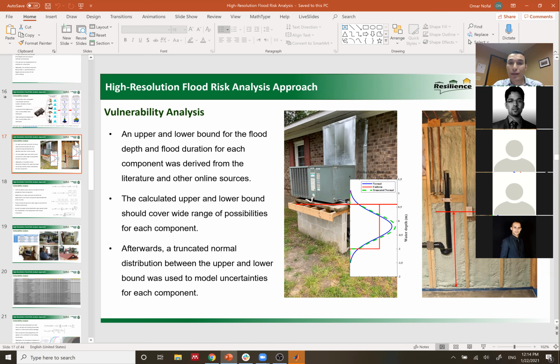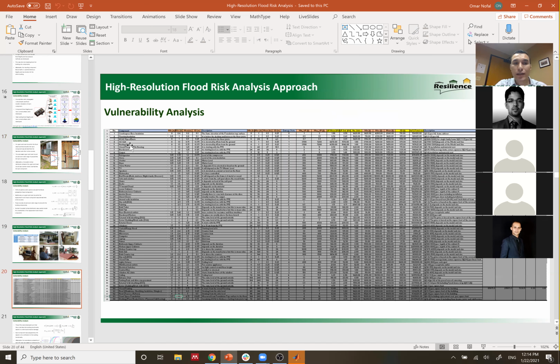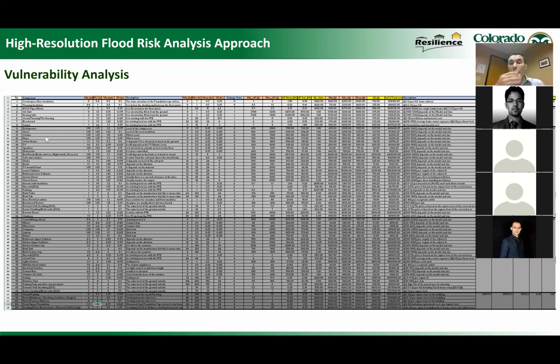You can live without AC if your AC or your heater got flooded. You can live for a few days or few weeks until you get a new one. However, for other components, as you can see, we put the HVAC unit here. I know it's very small, but let's make it bigger.